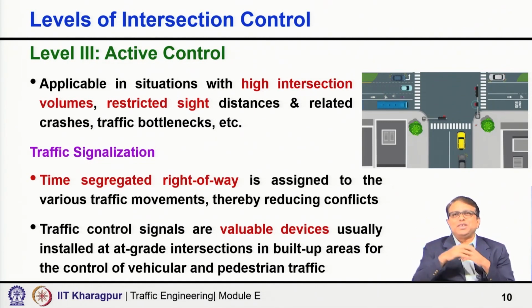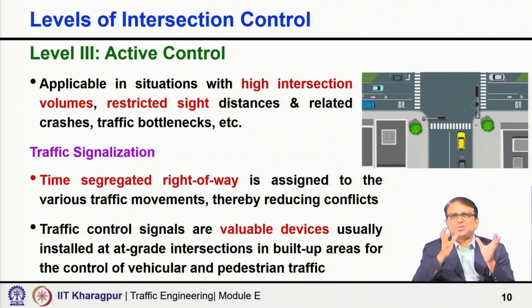Yes, the priority is more for the mainstream traffic, but the traffic approaching from the minor road should also get a reasonable opportunity to do the maneuver. That is not coming. So, in such a case you further improve it. This is applicable in situations with high intersection volumes, restricted sight distance, related crashes and traffic bottlenecks.